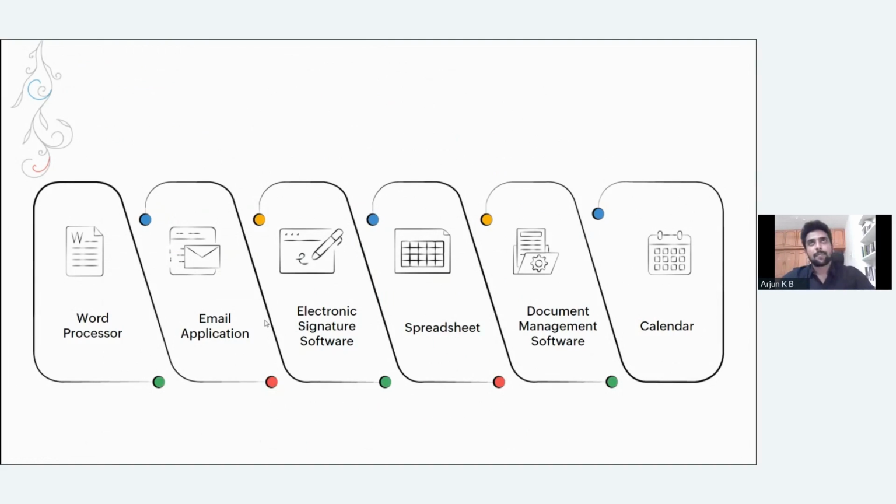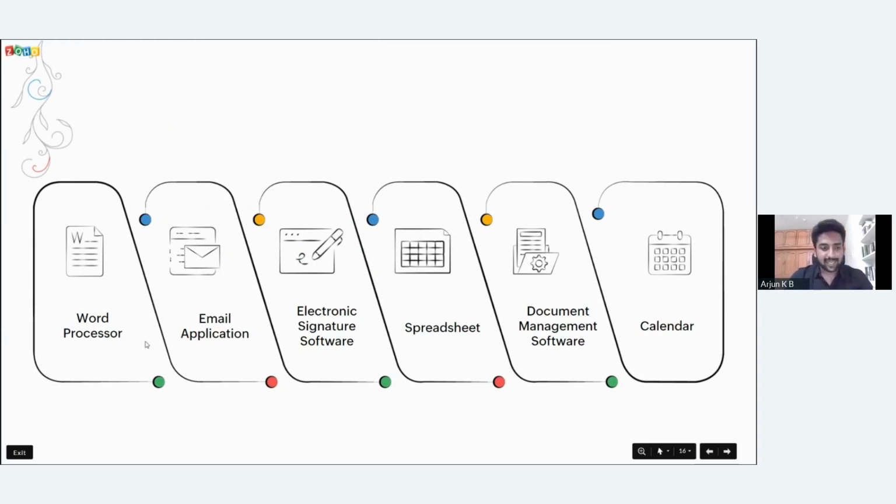And then they manage all their metadata like the financial details, the renewal dates, all of that in a spreadsheet, right? And then when there are large volumes of contracts, they have to manage it in a Dropbox or Google Drive or a work drive, right? They use a document management software and they use a calendar to basically manage all the contract deadlines. So our aim is to replace all of these applications with just one application, which is Zoho Contracts, right?